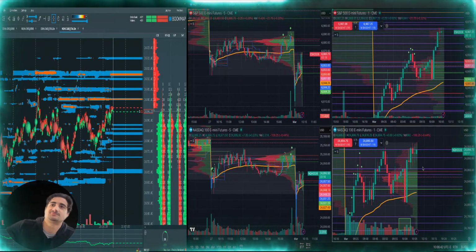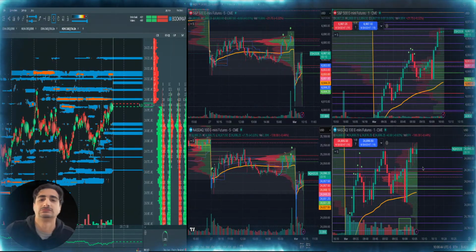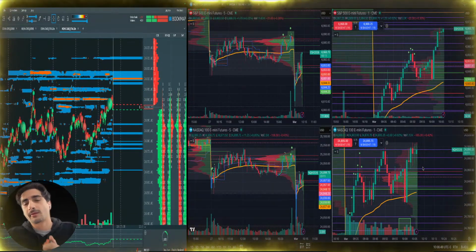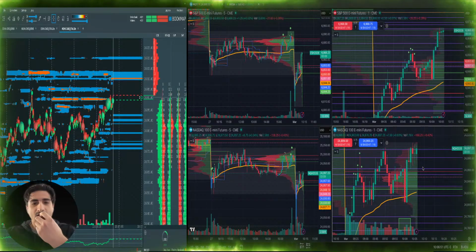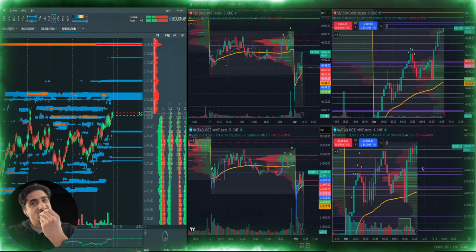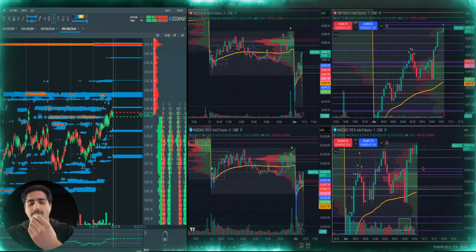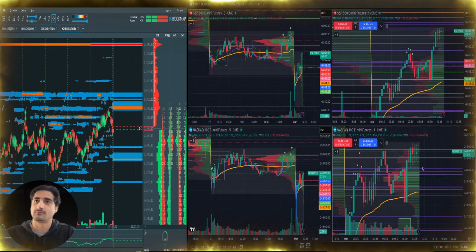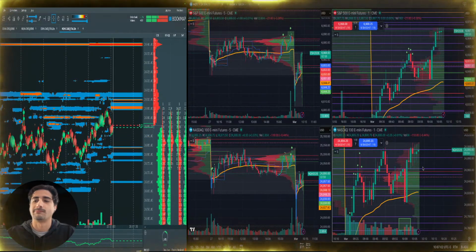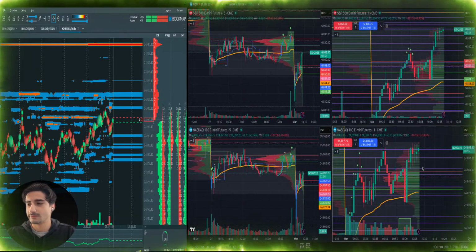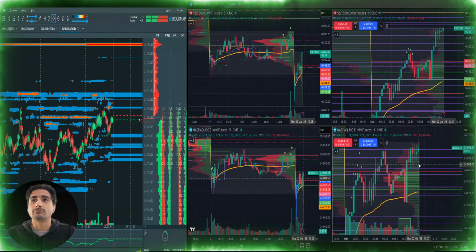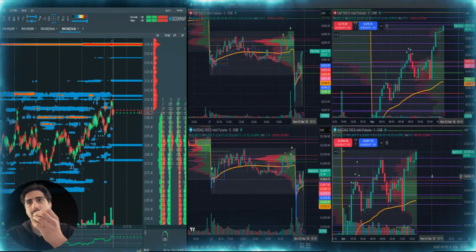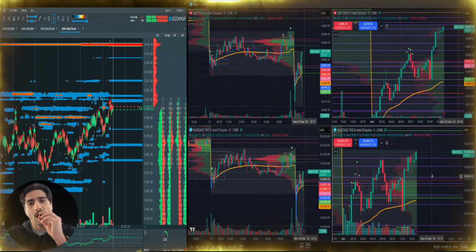Three dojis. Could be a breakout. I don't like the breakout idea. Okay. Shoot.